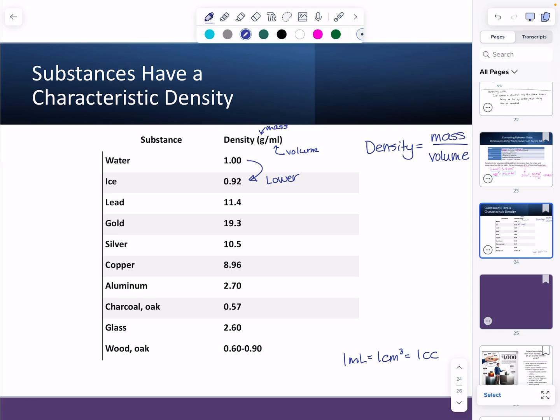You could easily just weigh the thing, put it in water to see what its volume was by displacement, and calculate its density, and pure gold is going to have a much different density than gold mixed with another metal.